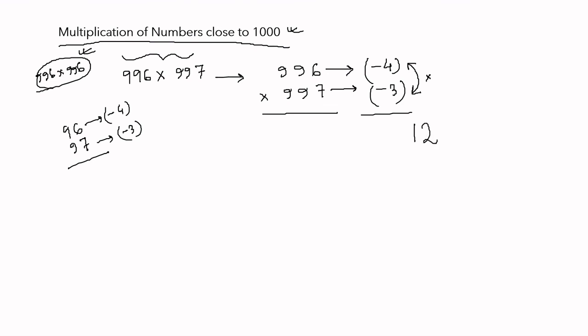Now in multiplication of numbers close to 100, we used to represent it as a two-step blank process. क्यों? क्योंकि if you remember, 100 में number of zeros are 2. लेकिन यहाँ पे हम लोग क्या कर रहे हैं? It's multiplication of numbers close to 1000, and 1000 has 3 zeros.